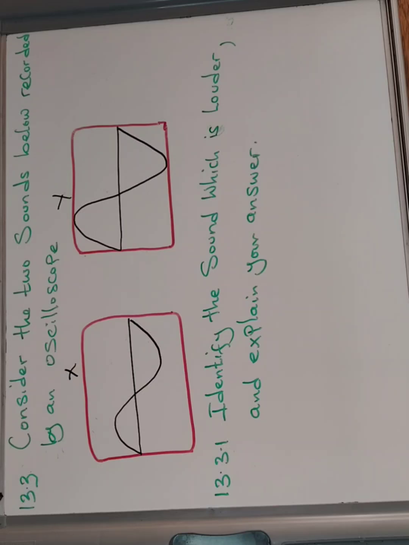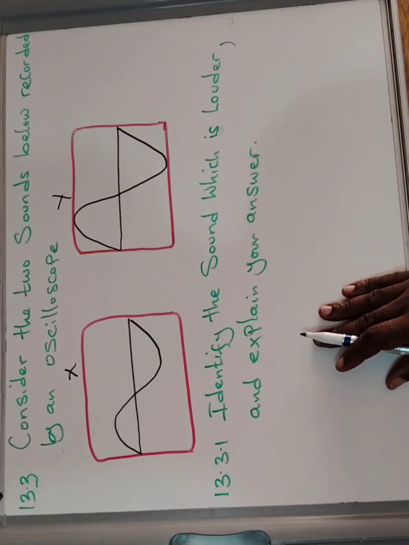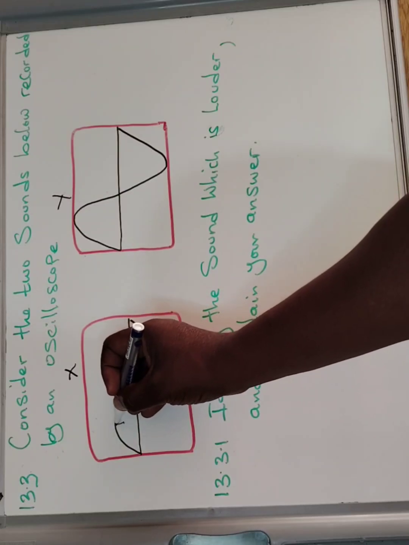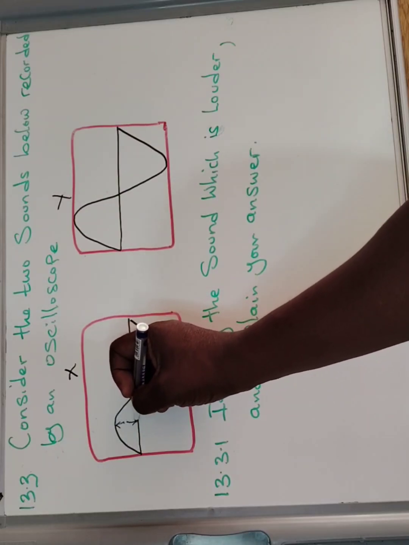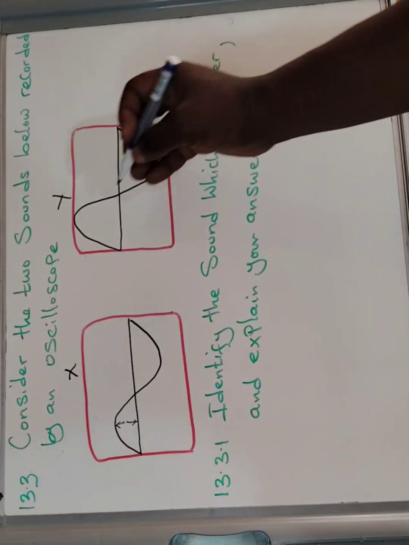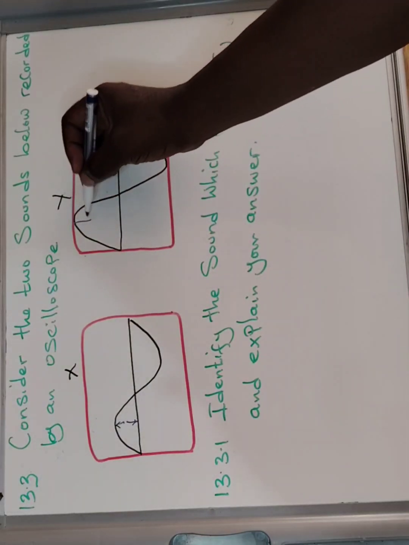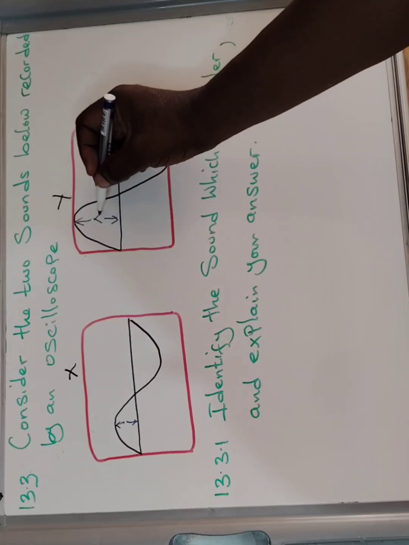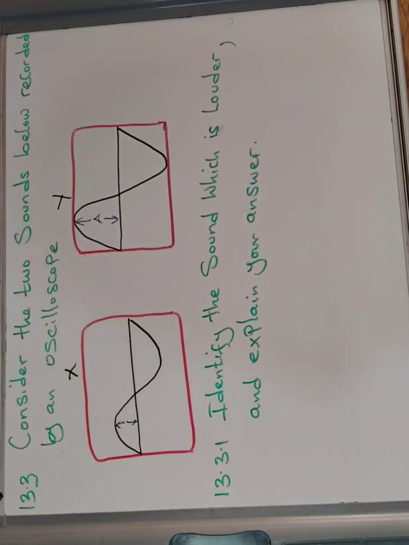When you look at these two sounds, which one is louder? Remember loudness is determined by amplitude. Amplitude is this displacement here, from here up to here. And the sound with a bigger amplitude is the one which is louder. So which one is louder between X and Y?